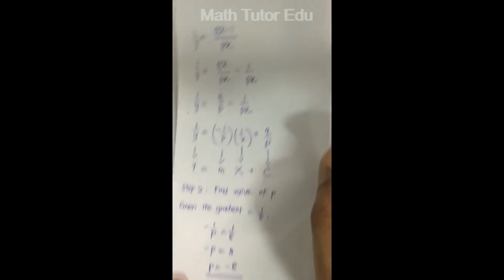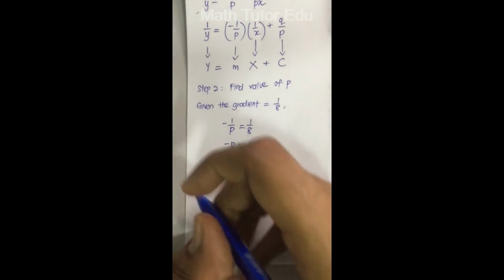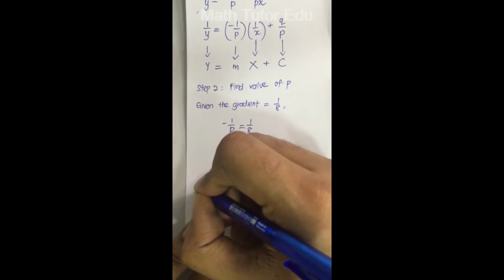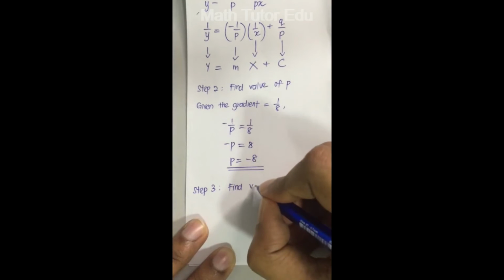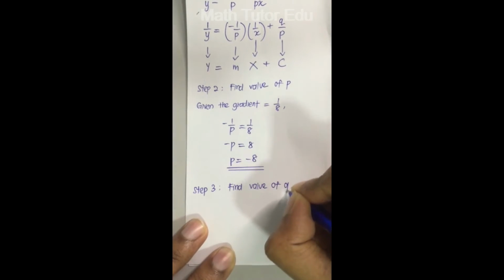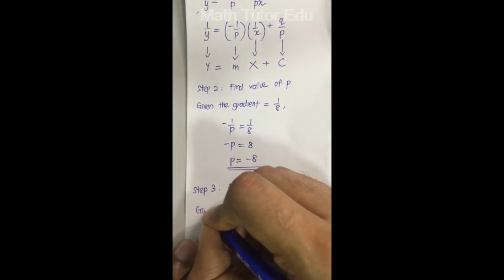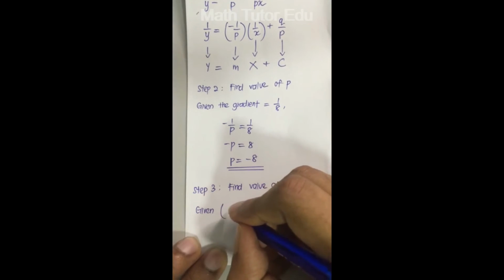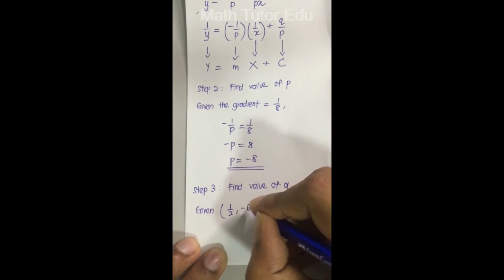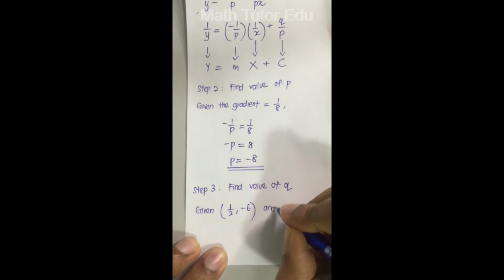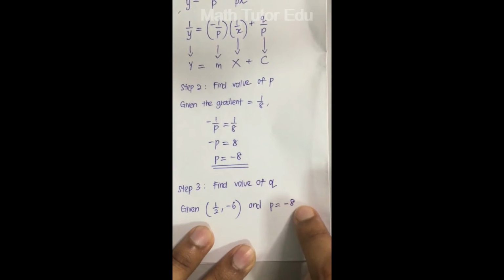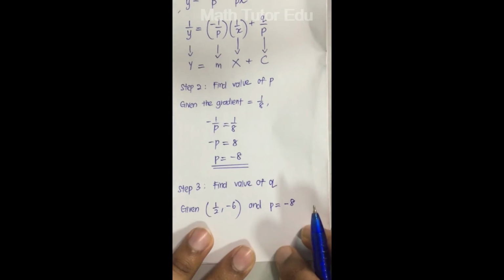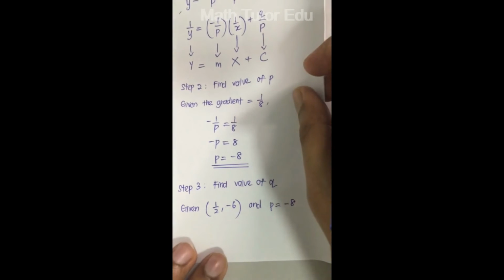Let me write the working over here. Step 3: find value of q. Given the coordinate (1/2, -6) and p equals negative 8, which we obtained from the working over here. Let me write the equation in the next page.